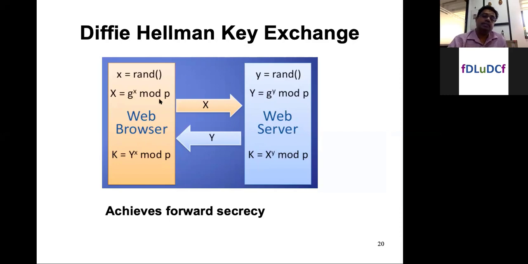The web browser creates a number called capital X using this algorithm, G to the power of x modulo P, and sends this capital X to the web server.